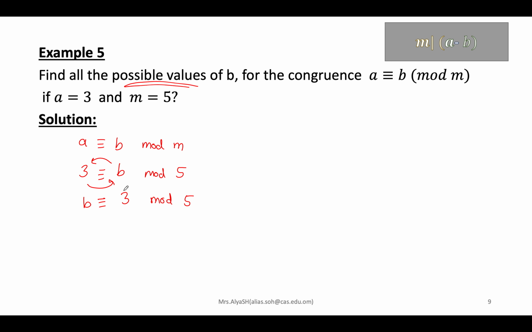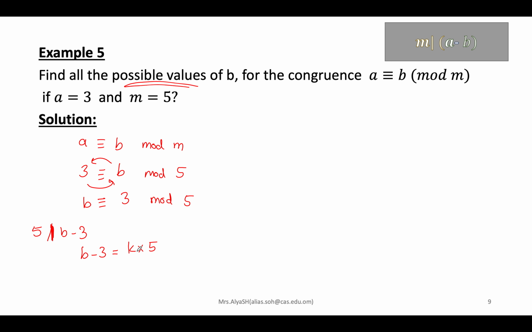From here we can notice that 5 divides A minus B, which means, with the value here represented by A and the value here represented by B, that 5 divides B minus 3, so B minus 3 is a multiple of 5.